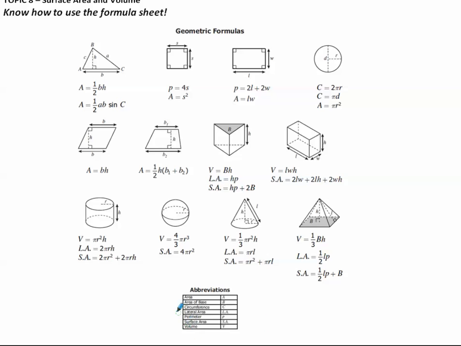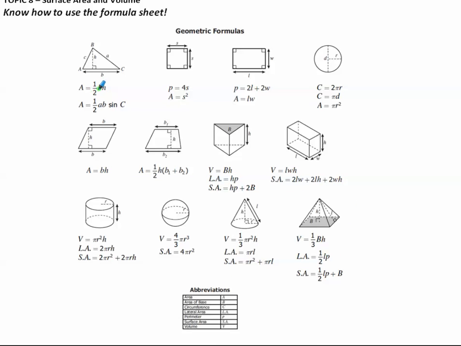Right off the bat, we can look at the very first one, H. H shows up a lot. You've used H before. It's talking about height. It's how tall something is, whether it's flat in 2 dimensions or in 3 dimensions. Lots of things use height. And even though it's not down here, all of your pictures have it labeled as to where it is.